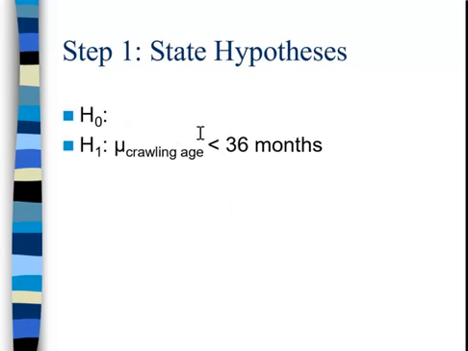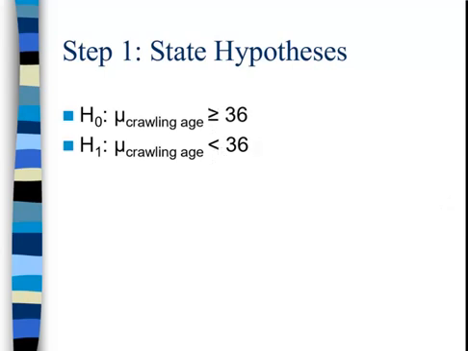Everything is going to be the same for the null, except the operator. So you're going to have this H subscript 0 colon. And all of this, mean crawling age, is going to be up here as well, and 36 months is also going to be up here. But what's going to change is the operator. And it's quite easy. The operator for the null hypothesis is the opposite of your alternative operator, with an equal sign as well, right?